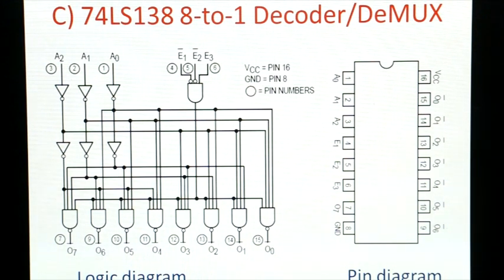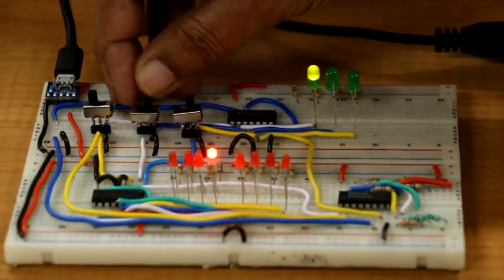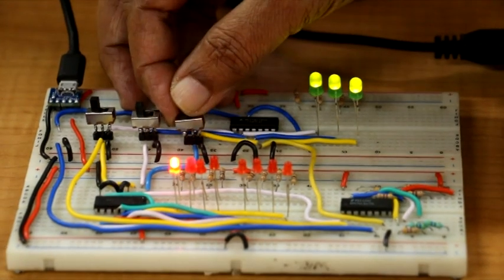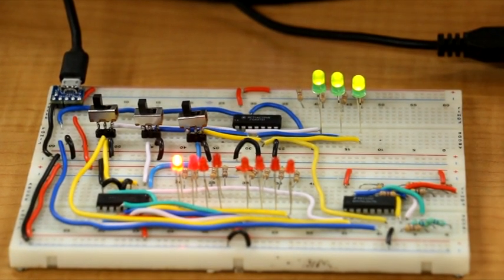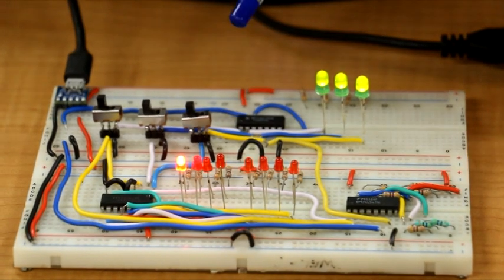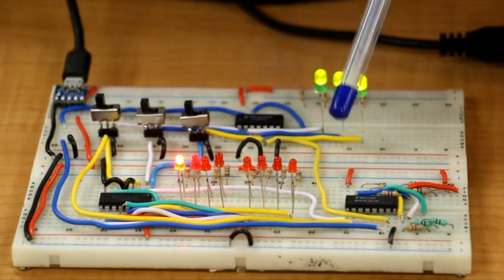Let me just show you and illustrate the decoder, how it works. So what I have done now is I have wired the decoder here, and we have connected LEDs at the output of the decoder.